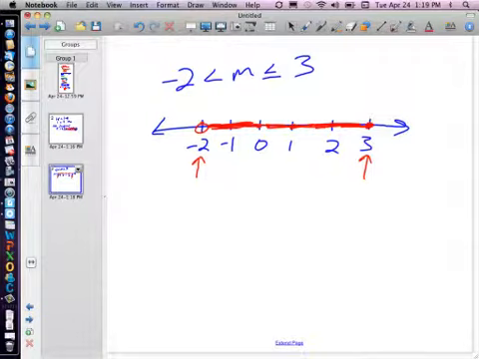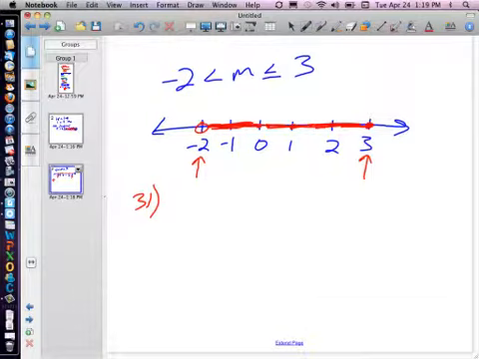That should be enough to kind of introduce the chapter and get you started on the homework. If you look at problem number 31, it says graph the inequality over the given domain. Remember, domain is all the possible values of the variable.